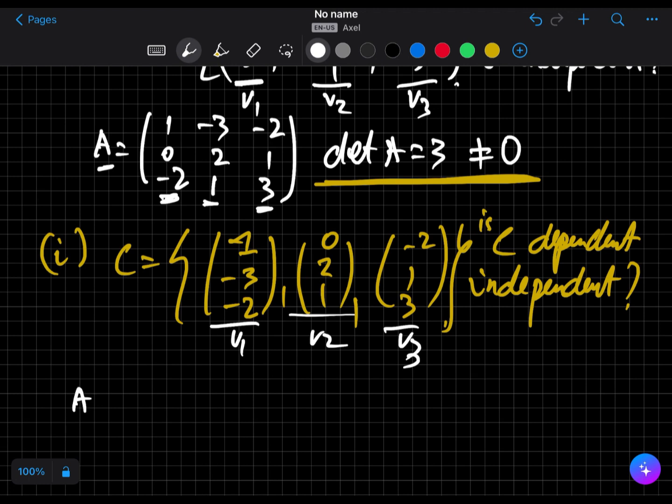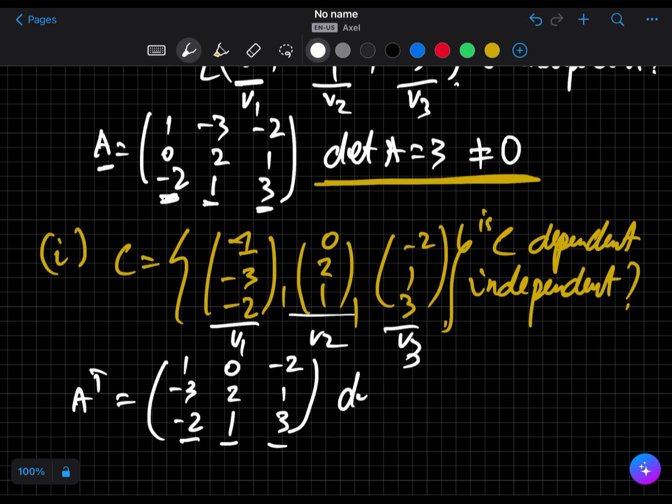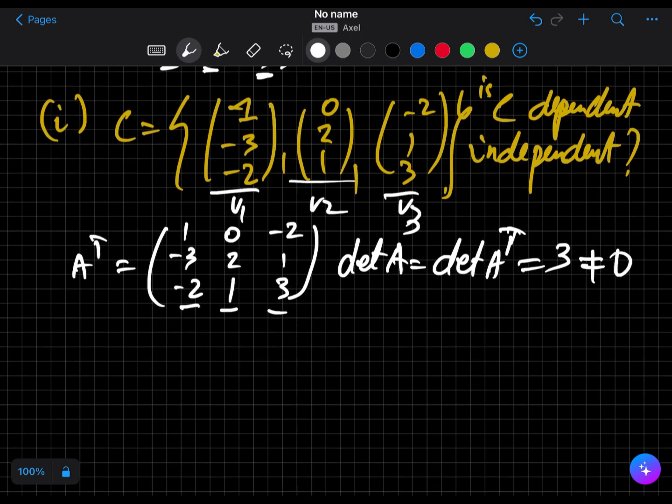Now, if this is A, then the transpose of A is 1, minus 3, minus 2; 0, 2, 1; minus 2, 1, 3. You see that the vectors of the set C represent the columns of the transpose of matrix A. And we saw that the determinant of A is also equal to the determinant of its transpose, which is 3. Therefore, the determinant is non-zero. So we can still conclude that the set of vectors in C is independent.